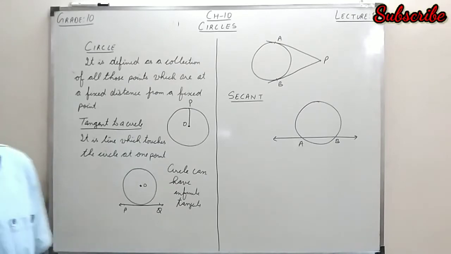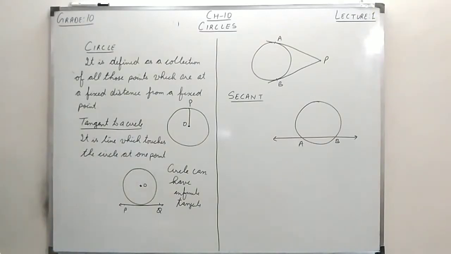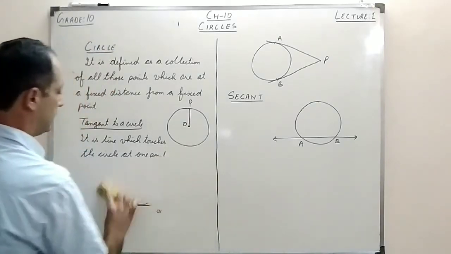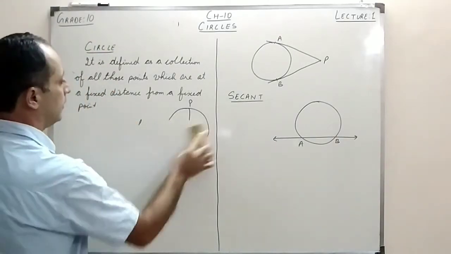Now let's go to the first theorem of this chapter. The first theorem is: the tangent at any point of a circle is perpendicular to the radius through the point of contact. So let's see the first theorem and its proof.